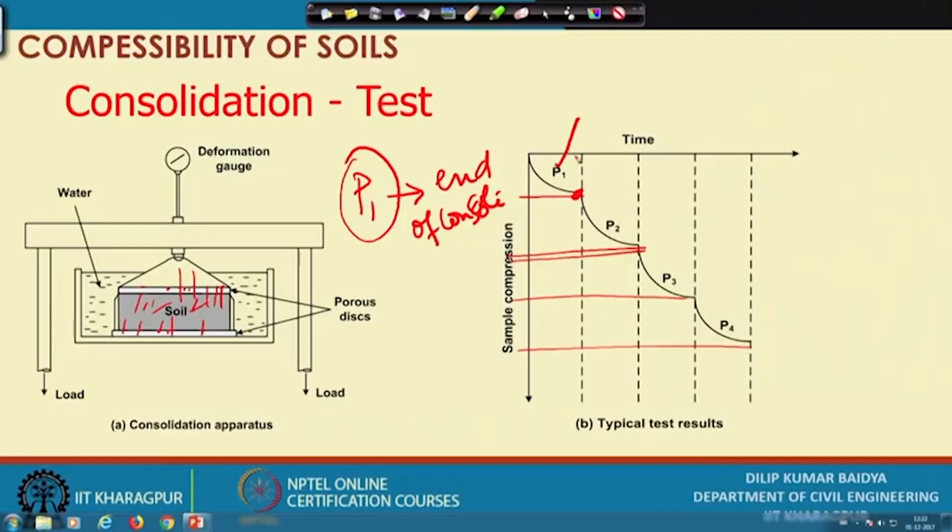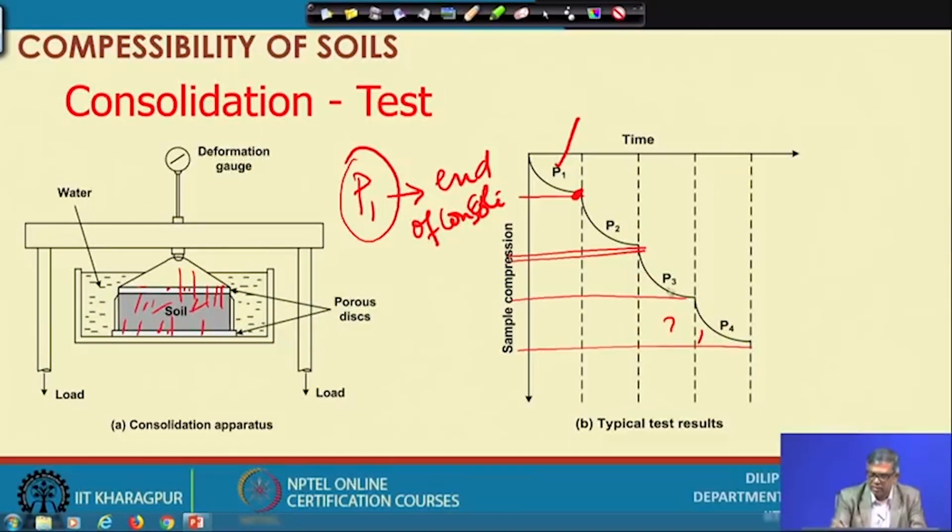Obviously, the soil has already become compact, so at later stages, to get a certain amount of consolidation settlement, we need a much higher load. This diagram is not properly to scale, but under the same loading, if P 1, P 2, P 3 are all equal, this magnitude will be reduced.